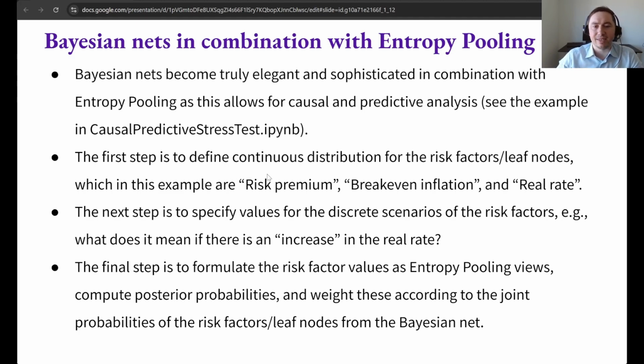So basically in the examples that we will see, we take some macroeconomic information, and then we define some different variables like call risk premium, break-even inflation, real rate, and then specify some views there. So that's the essence of it.